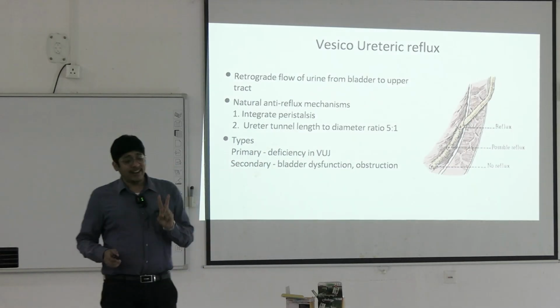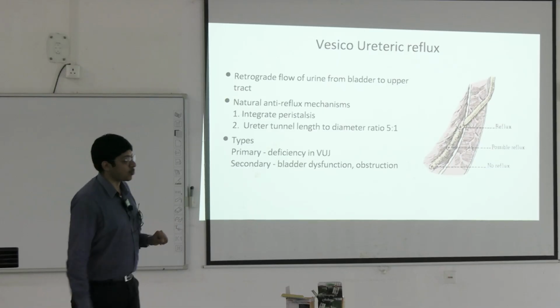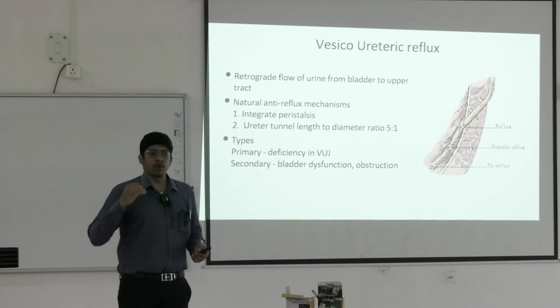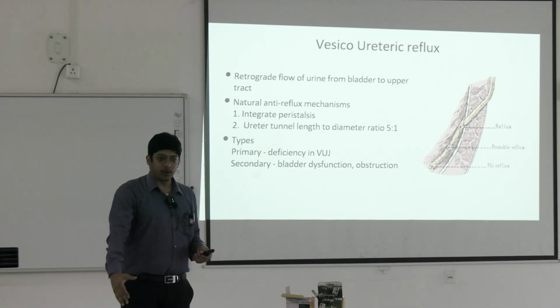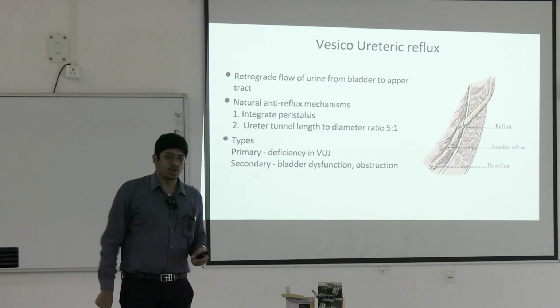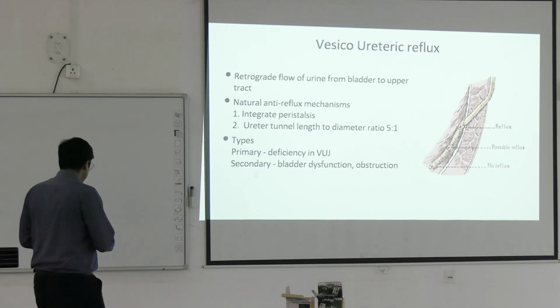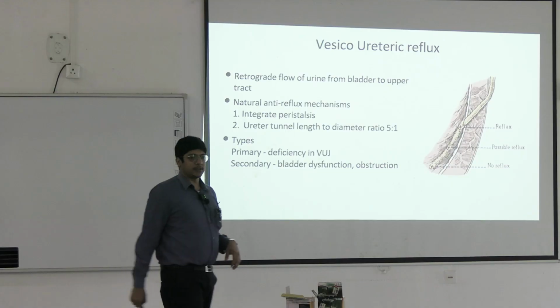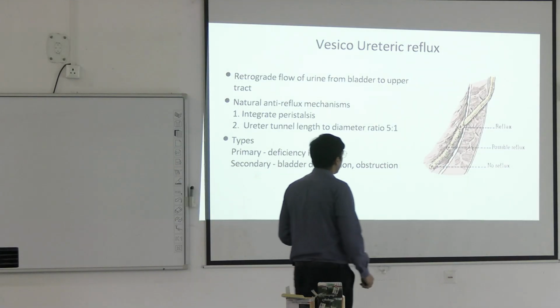So, there are two very important mechanisms maintaining this. One is the peristalsis in the ureter, which propels the urine forward. Okay. So, there is only peristalsis in one way, from the kidney towards the bladder, and the other is an engineering marvel by the body. So, what is this engineering marvel?